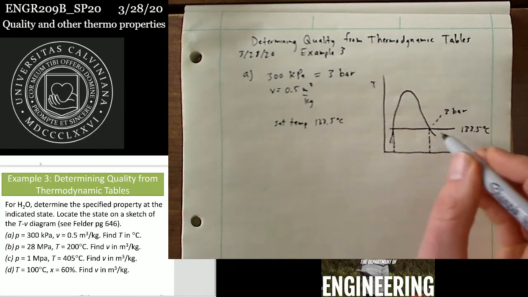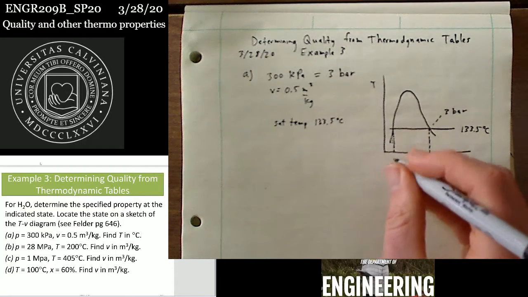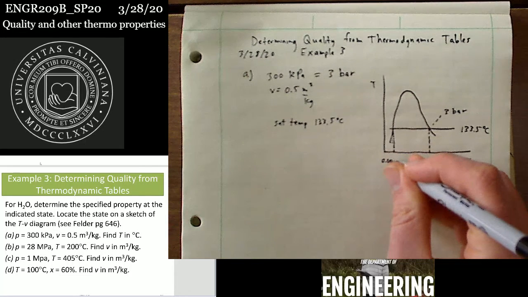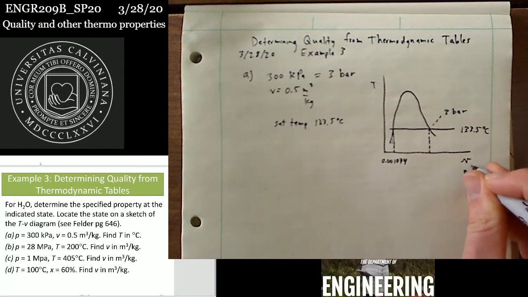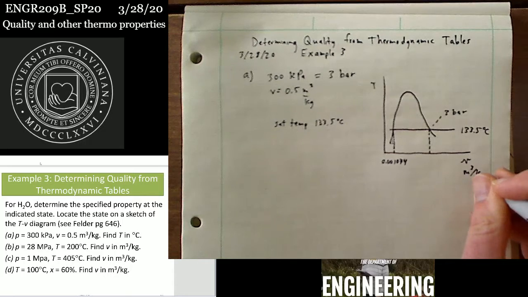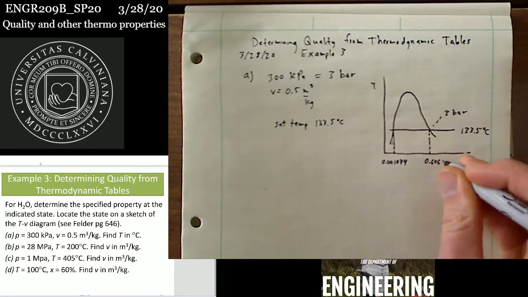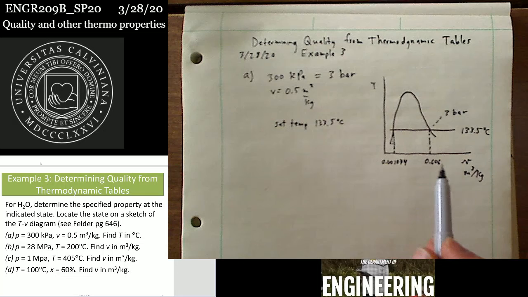So that's easy enough. And then we know from the table that it's 0.001074. This is in meters cubed per kilogram units. And this one is 0.606, like we said from before. So this is the saturation liquid and the saturation vapor specific volumes here.